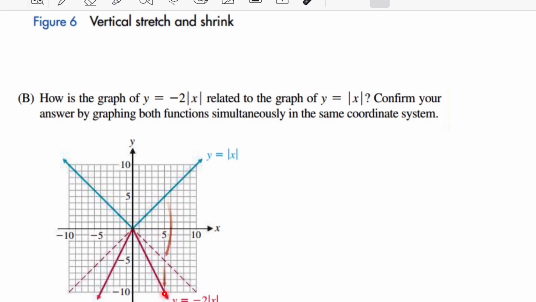So our output is -10 here. Same if we were to plug in, let's say, roughly, I think 2 is around here. So if we were to plug in 2, we should get 2 times -2, so we would get roughly -4 here. So what this is doing is reflecting our graph over our x-axis as well as stretching it vertically.